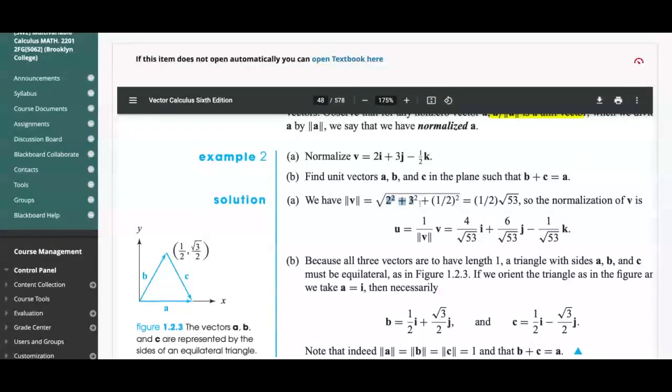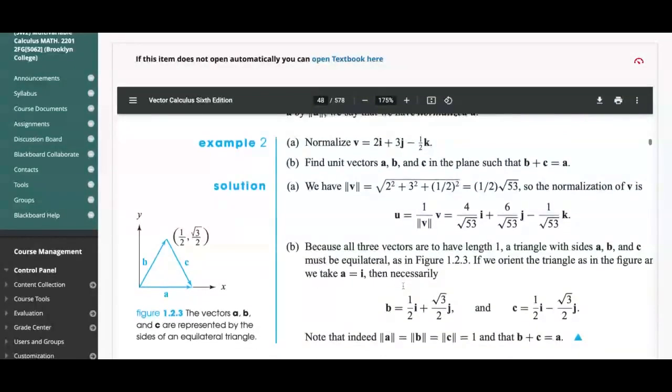Then we form another triangle, and we just get the hypotenuse in the third dimension. So in n space, if we want to find the magnitude or length of the vector, we just apply Pythagorean theorem n-1 times. Basically, we square every component, we add them, and we take the square root.